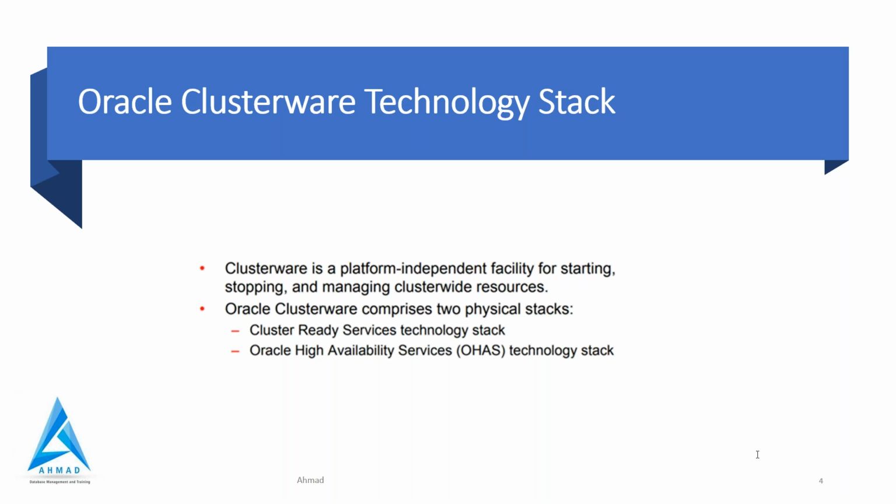These two stacks have several processes that help in the operations of RAC or clusterware. CRSD manages cluster resources based on the configuration information.